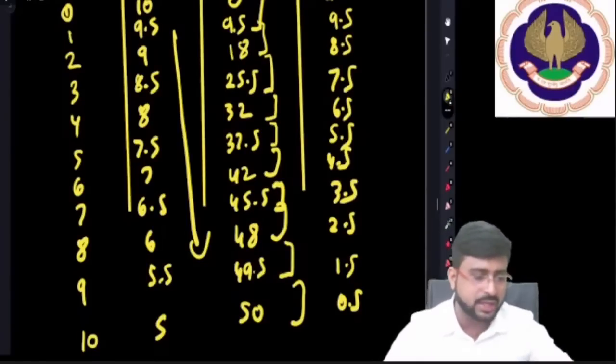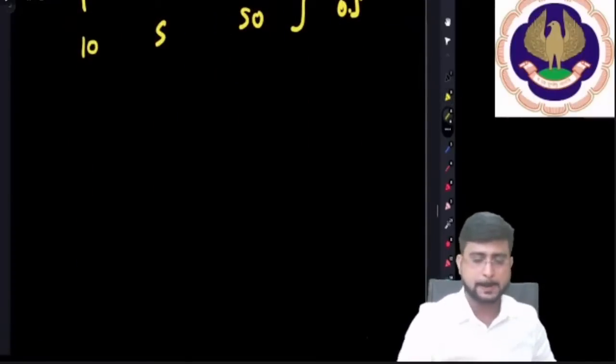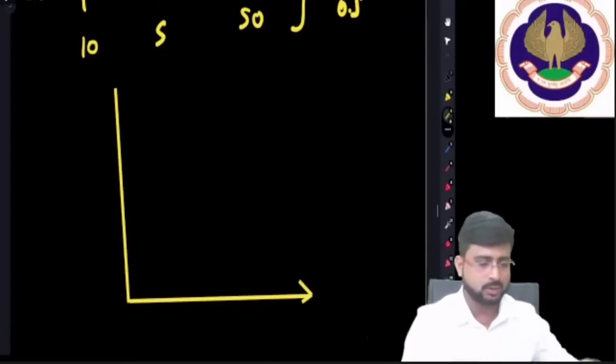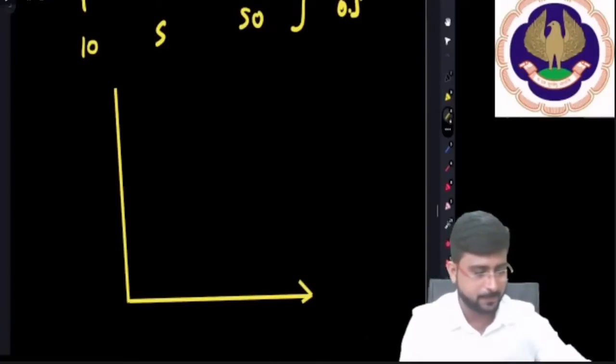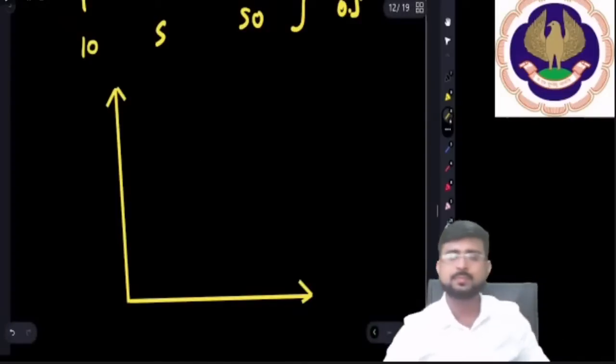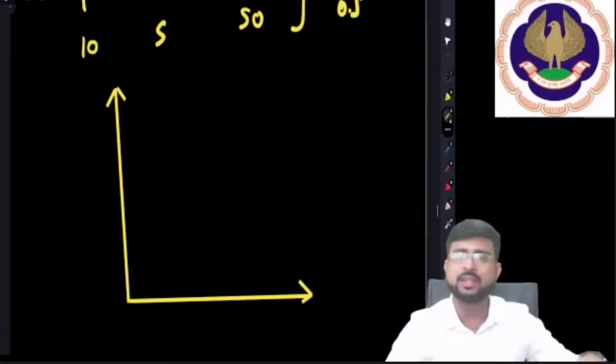So how does the diagram look, sir? How does the demand curve look? I'll show it to you. It's somewhat like this. Please pay attention here. Both are downward sloping, there is no doubt about this.